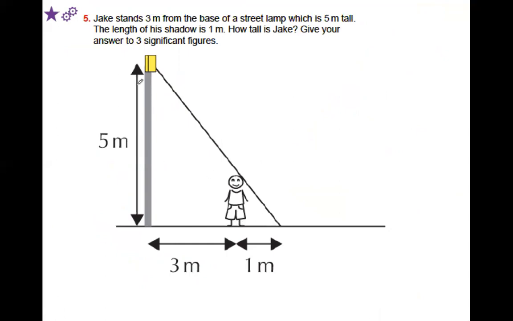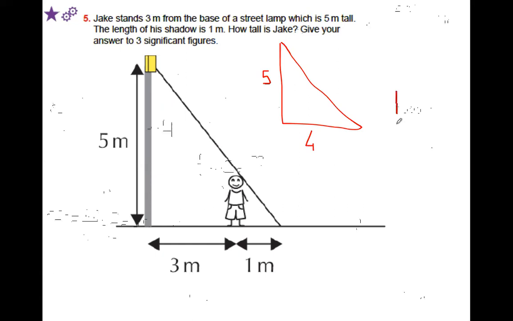If you know the height of a pole, for example a street lamp, you'll be able to find your height if you can measure your shadow. So what you would do is say, okay, I've got a triangle 5 by 4, and I've got a smaller triangle made by Jake. I don't know his height, but I know that's his 1. And I know these are similar triangles.